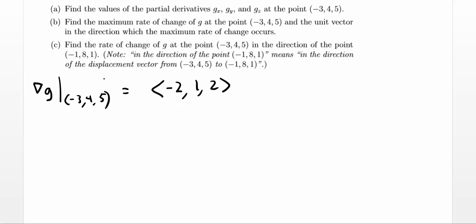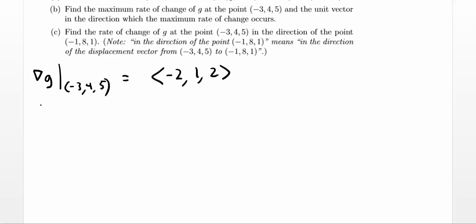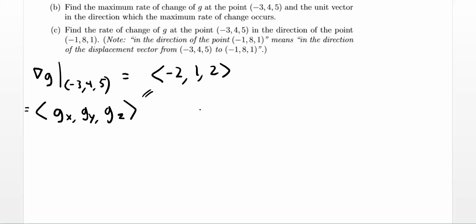But if you remember how to calculate the gradient, it's actually just a vector that contains the partial derivatives in x, y, and z. So right away, the partial derivative of g with respect to x is negative 2.